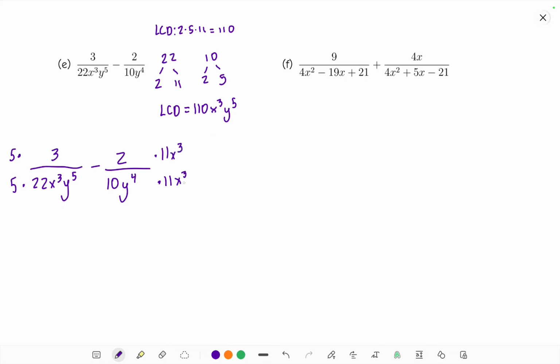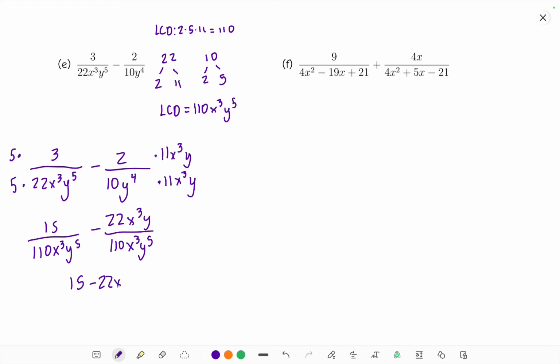And since I need y to the 5th, I need one more y. So then we get 15 over 110x cubed y to the 5th minus 22x cubed y over 110x cubed y to the 5th, or 15 minus 22x cubed y over 110x cubed y to the 5th. And that's the answer for E, because the top cannot be factored.